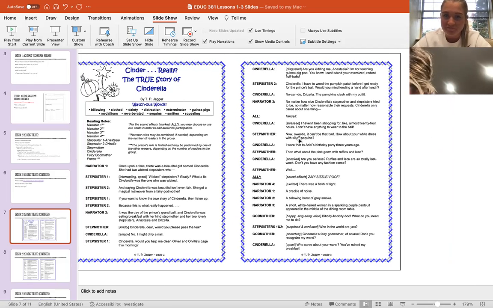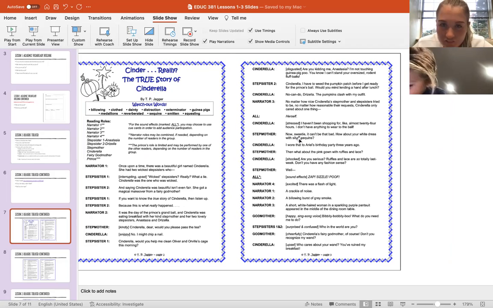Are you kidding me, Anastasia? I'm not touching guinea pig poo. You know I can't stand your oversized rodent fluff balls. Cinderella, I have to weed the pumpkin patch before I get ready for the prince's ball. Would you mind lending a hand after lunch? No can do, Drusilla. The pumpkins clash with my outfit.